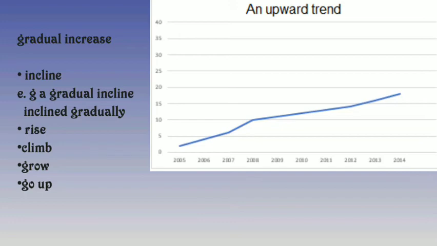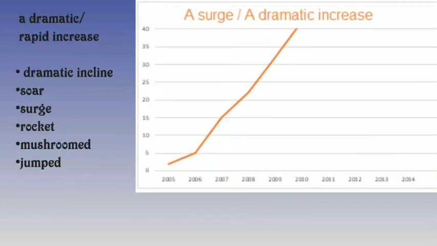And these words are surge, soar, rocket, mushroom, jumped. These words basically themselves represent a huge change. So we need not to put extra words that we usually call adjectives and adverbs.